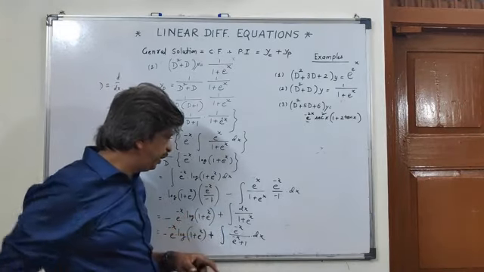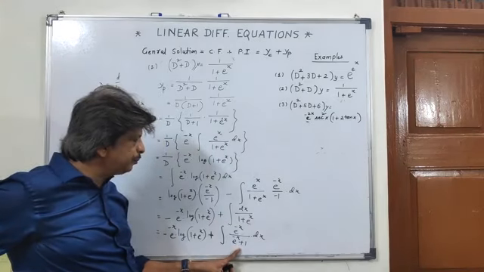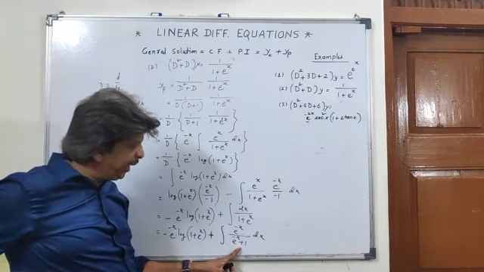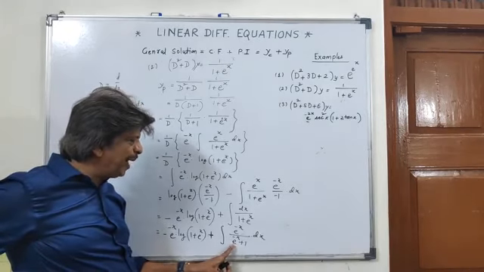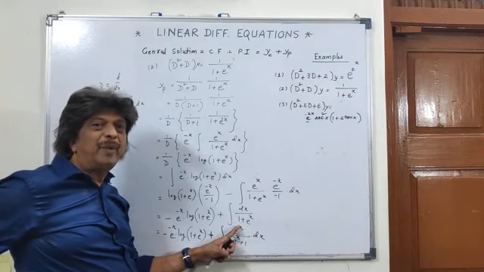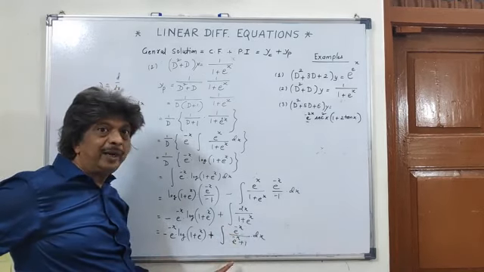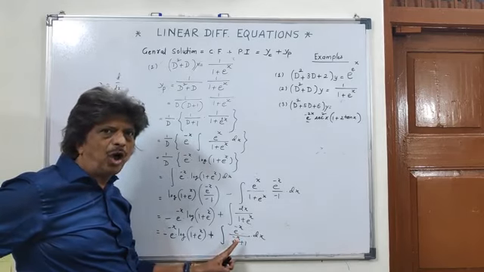Due to this, if I put the numerator equal to t, e to the power minus x plus 1 equal to t, the numerator would become minus dt. So the integral is minus dt upon t. So it is minus log of t.